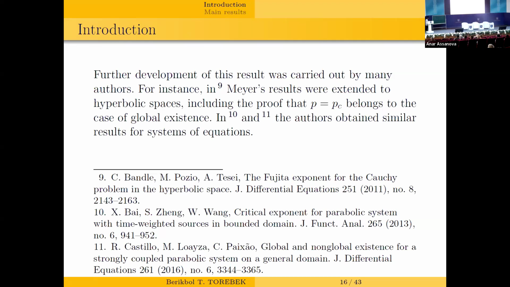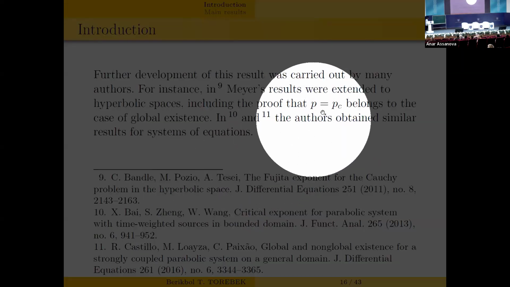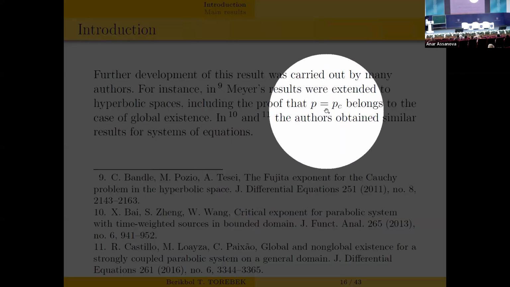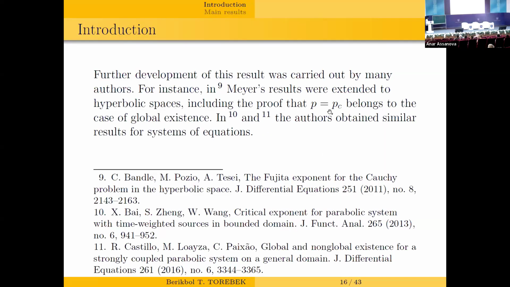They also proved that in the critical case, the considered problem has a global in time positive solution. Because in the case of the Fujita problem, the critical case was about a blow-up solution, but here the critical case belongs to the global existence case.